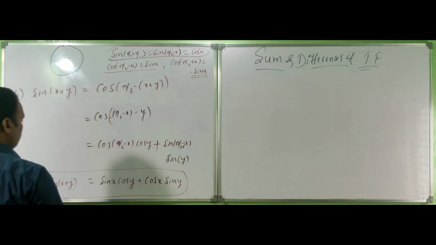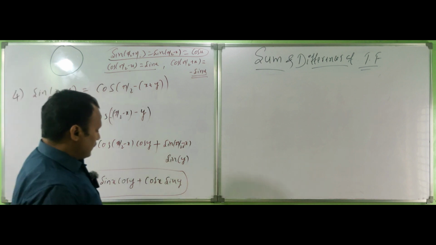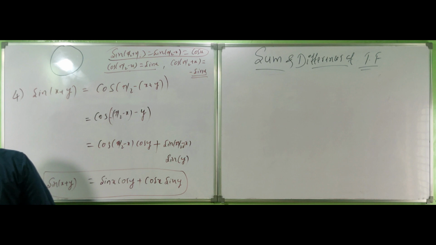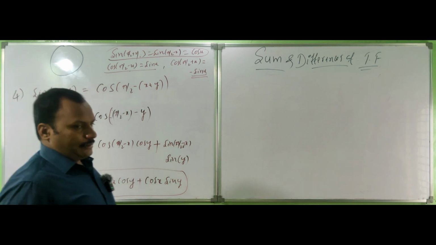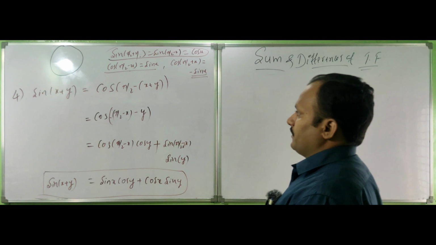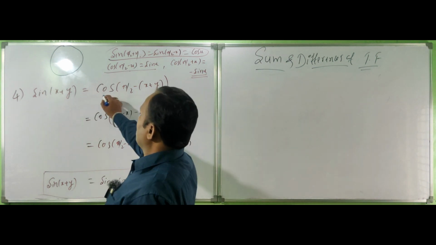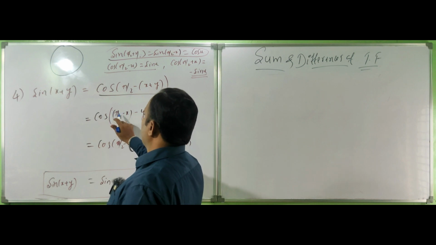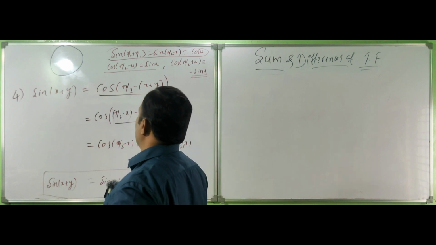The formula for this one is sin x cos y plus cos x sin y. Let's cross check. Sin of x plus y: the derivation is I am writing this in terms of cos of pi by 2 minus x plus y, and just rearrange the term as pi by 2 minus x and minus y.